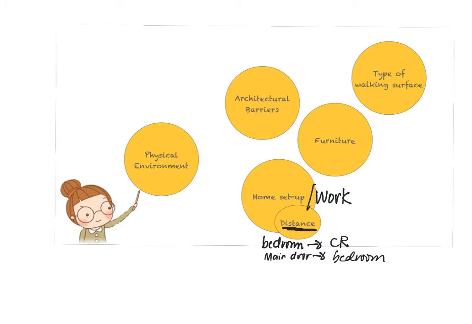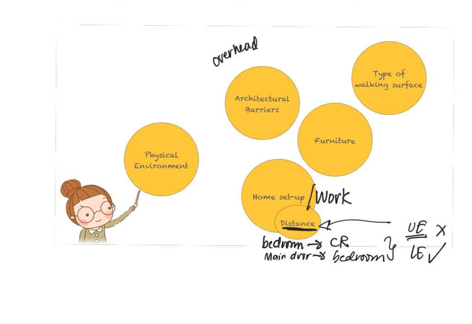Okay, of course, you only need to ask this if it is relevant. If your patient has an upper extremity condition, then I don't think this will be relevant. Relevant lang ang distance kapag lower extremity ang kaso. Okay, architectural barriers. So, for upper extremities, for instance, overhead cabinets, ito pinaka-common.